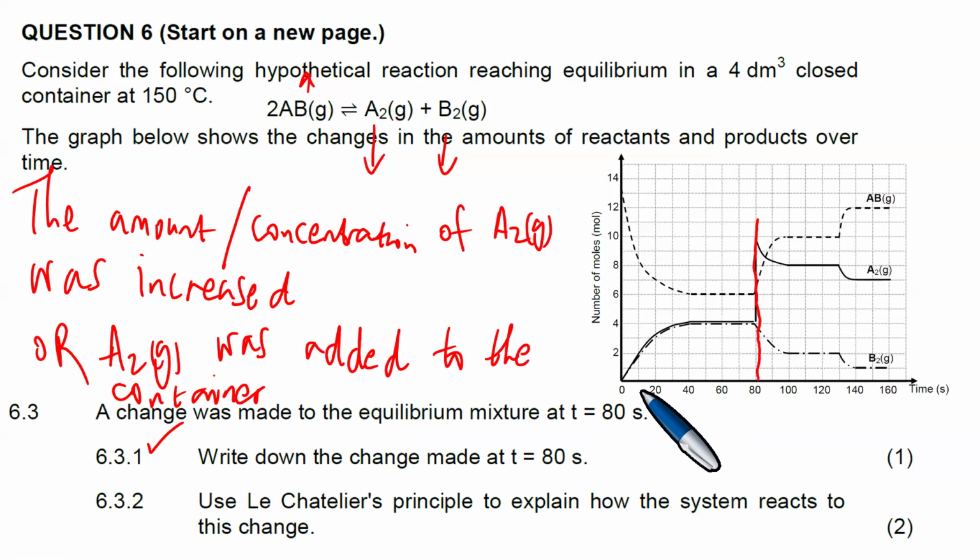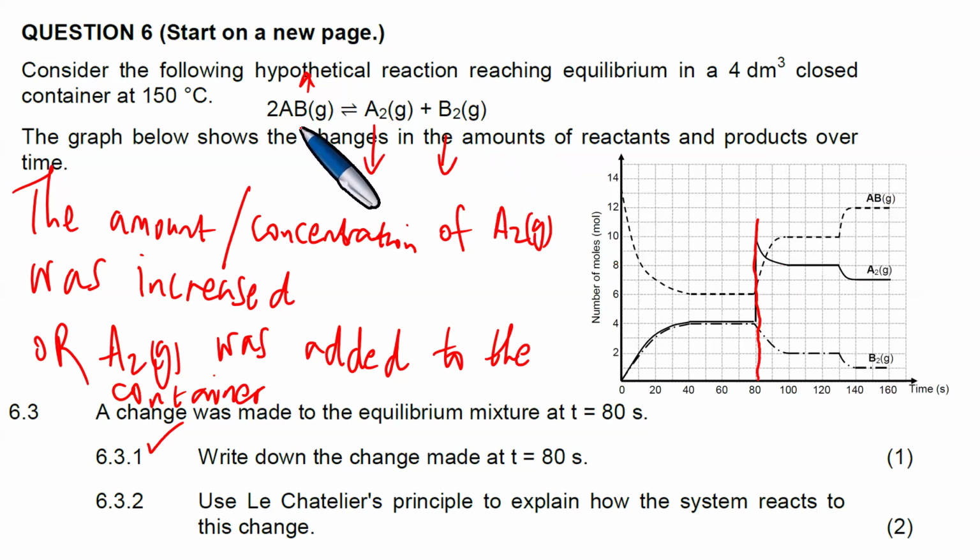If you look very carefully at 6.3.1, write down the change at this point. What we are seeing is that suddenly the products themselves decreased in concentration and the AB increased in concentration.